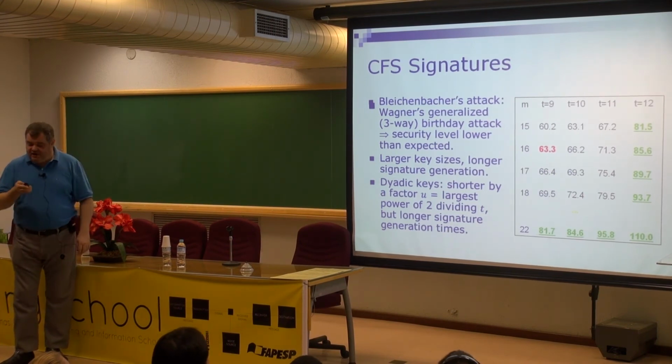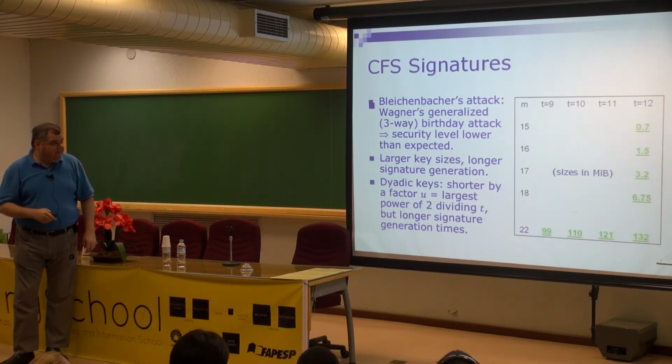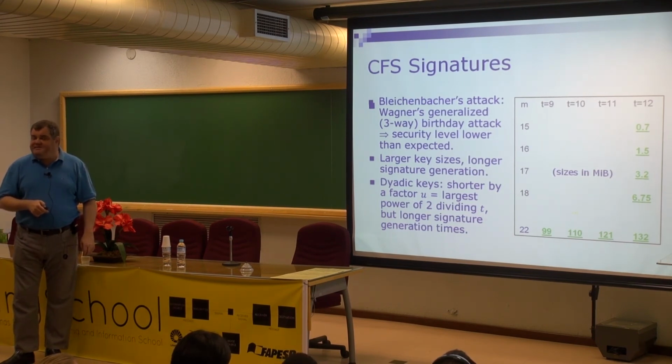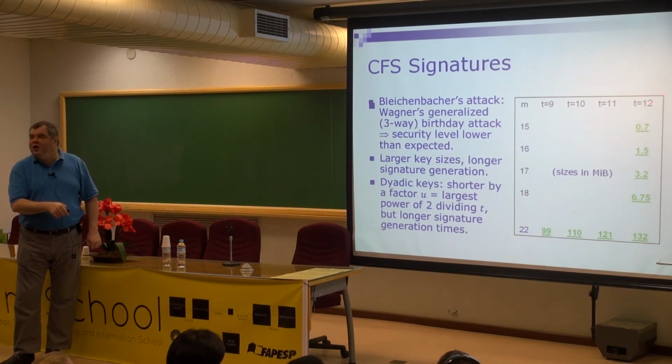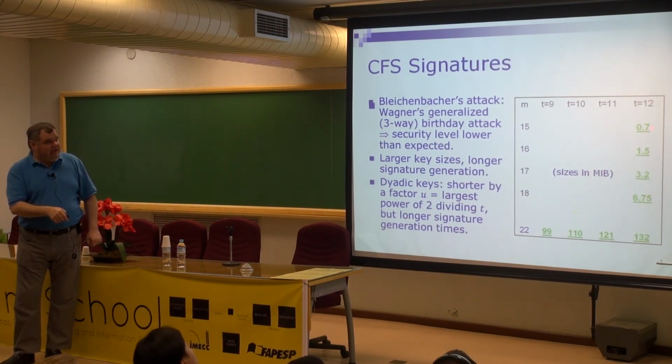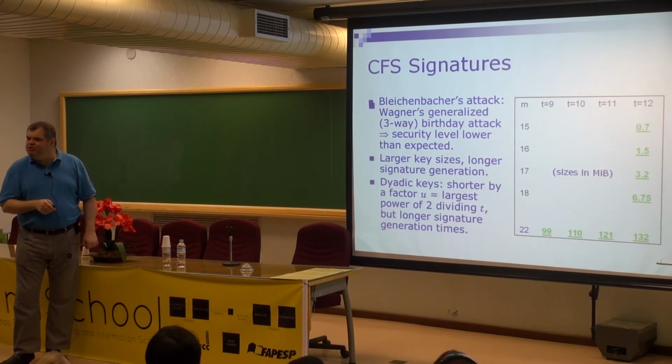How large are keys anyway? So this is the key size in megabytes. For this combination, keep in mind that signing times here are of order 12 factorial. It's enormous. 0.7 megabyte. No, that's too long.